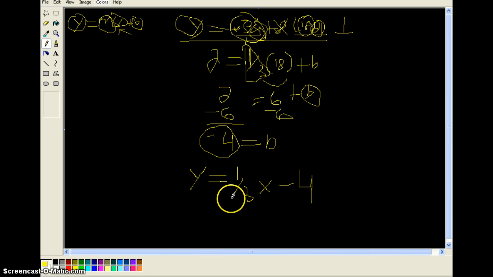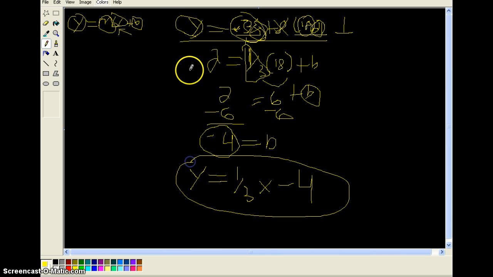So our new equation, which is perpendicular to y equals negative 3x plus 8, is y equals 1/3 x minus 4. If you were to graph these, this line right here is going to be perpendicular to this one right here.